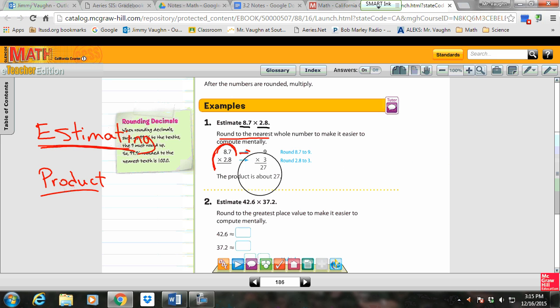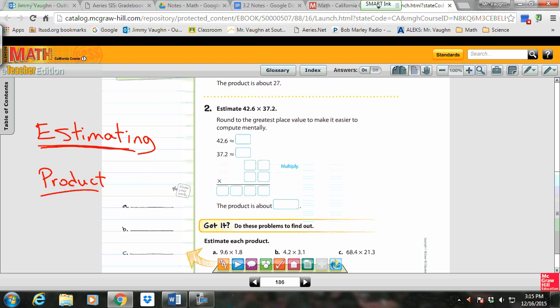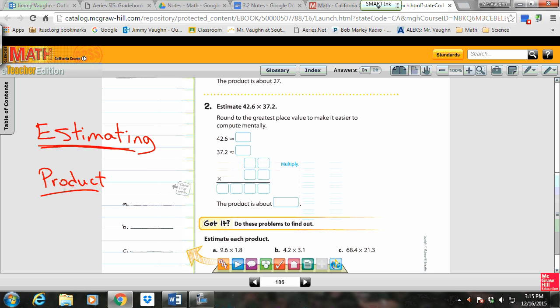Take a look at the next example. The idea here is to get as close as you can to the answer without doing a whole lot of work. So when I first looked at this, I thought, okay, here's example number 2, 42.6. We're going to round that off to the nearest whole number, which would be 43. And then this would be 37. I really can't do that in my head. I'd rather just multiply these decimals out and get the exact answer.